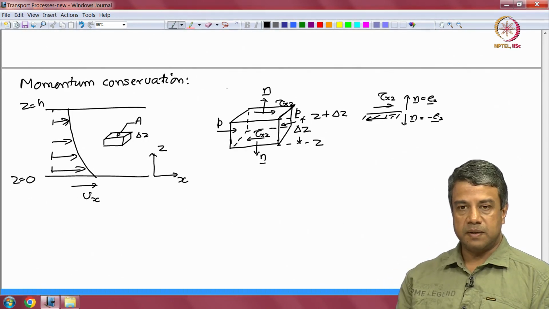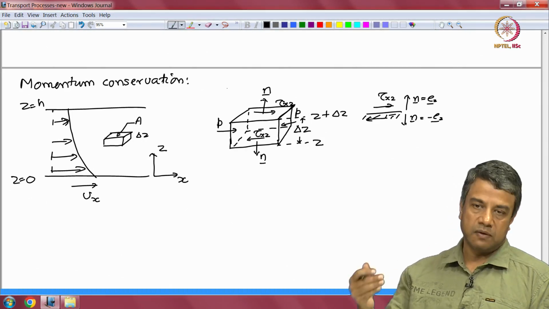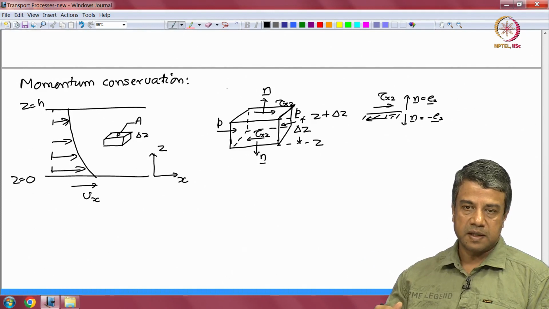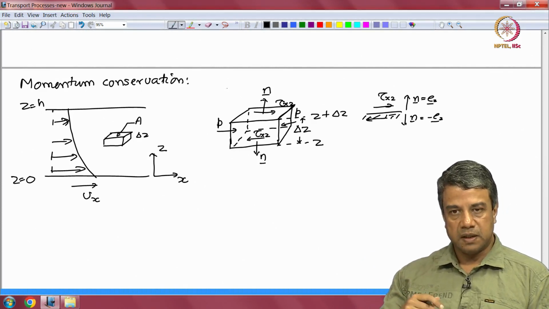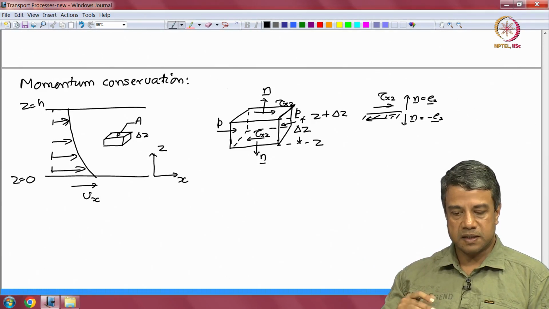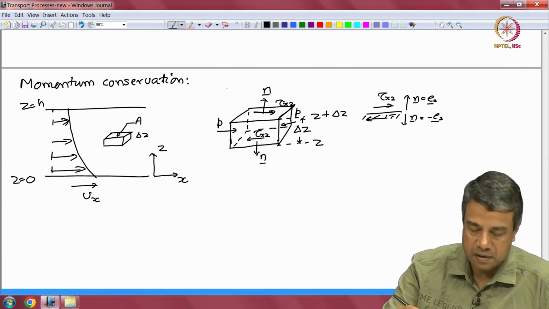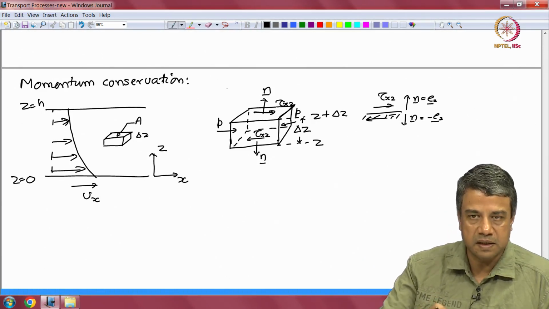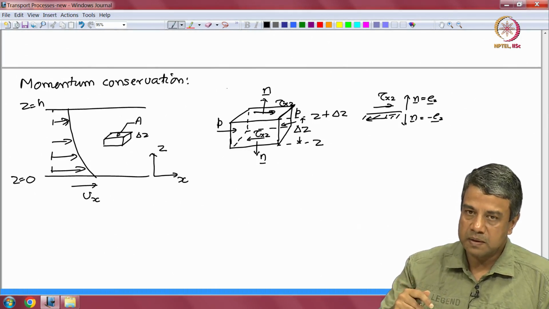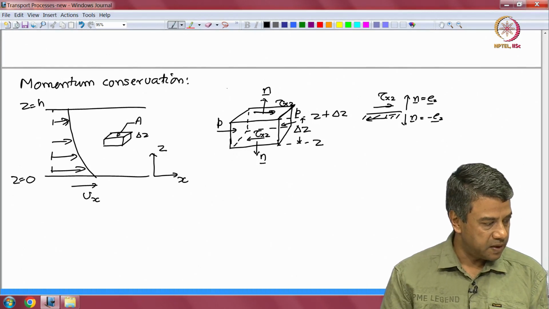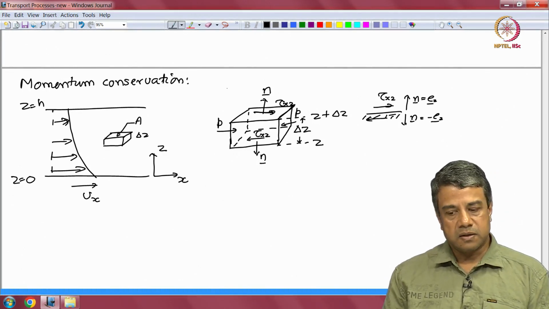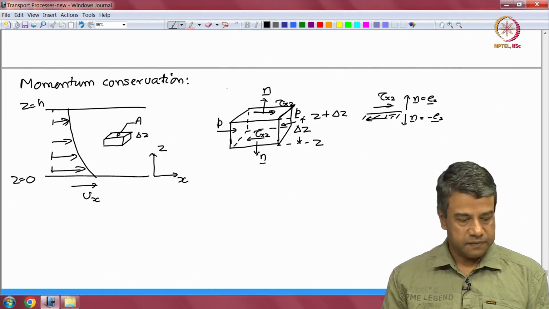And the forces have to be equal and opposite. That means that for the volume below the force is being exerted in the minus z direction. Therefore, tau x z is the force per unit area exerted on a surface with outward unit normal in the z direction. If the outward unit normal is in the minus z direction, the force is exerted in the opposite direction. So, those are the stresses exerted on the surface.